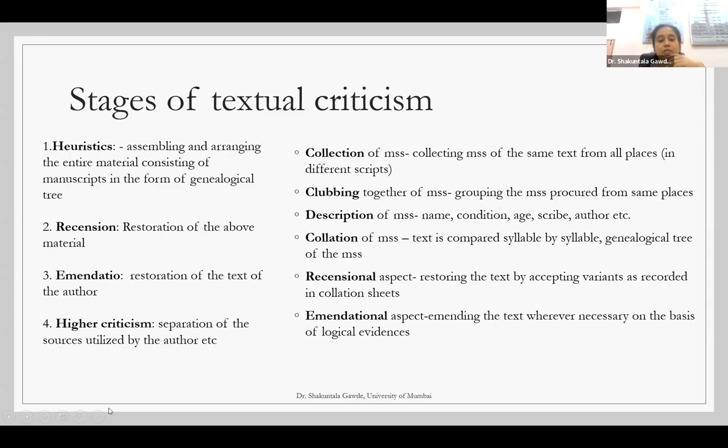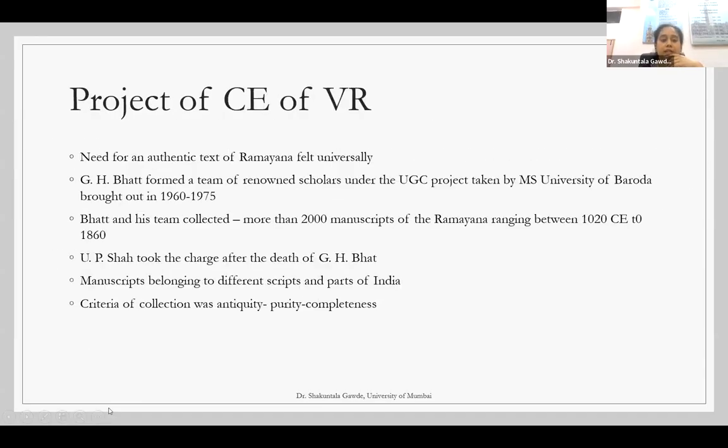So after all these stages, there can be the preparation of a critical edition. For example, I have taken here the example of the critical edition of Valmiki Ramayana. Before the critical edition of Valmiki Ramayana, we could see that there were different manuscripts and different editions of Ramayana which were popular.